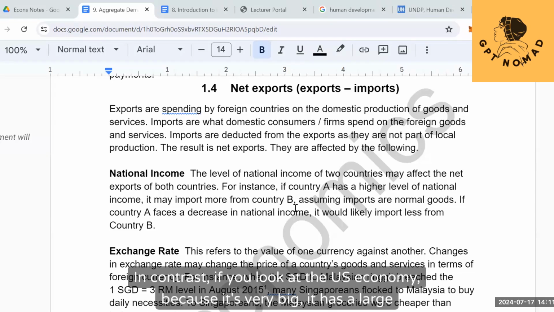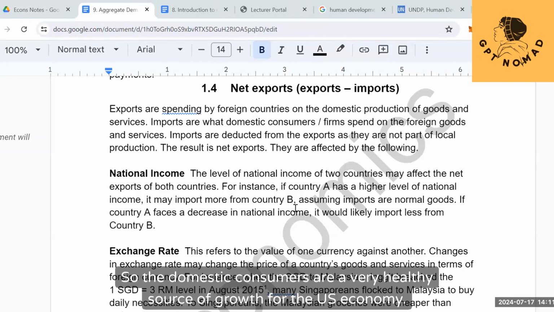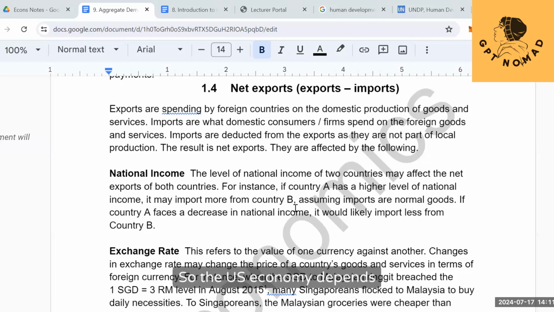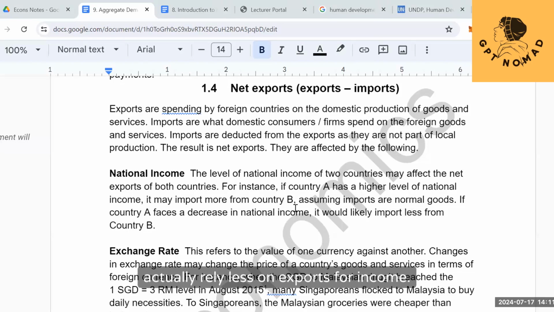In contrast, if you look at the US economy, because it's very big, it has a large population as well. So the domestic consumers are a very healthy source of growth for the US economy. So the US economy depends on its own consumers compared to Singapore, because they have a lot of people and they rely less on exports for income.